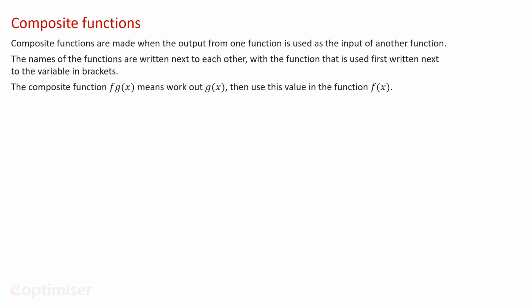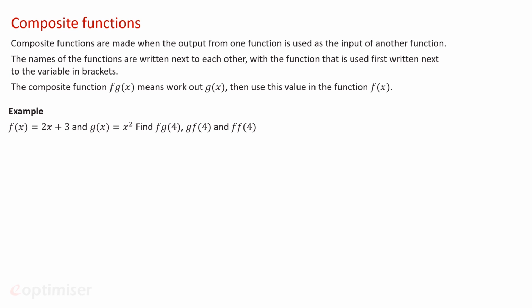That means first you have to calculate g(x), then give that to f. For example, they give f(x) equal to 2x plus 3 and g(x) equal to x squared. They ask you to find f of g of 4, then g of f of 4, then f of f of 4.